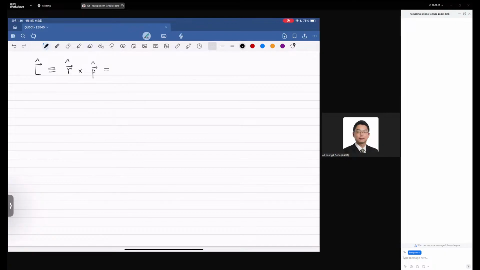They're operators, okay? It does something to a function. It's a vector but an operator at the same time. Each thing multiplied into a vector is an operator, okay?